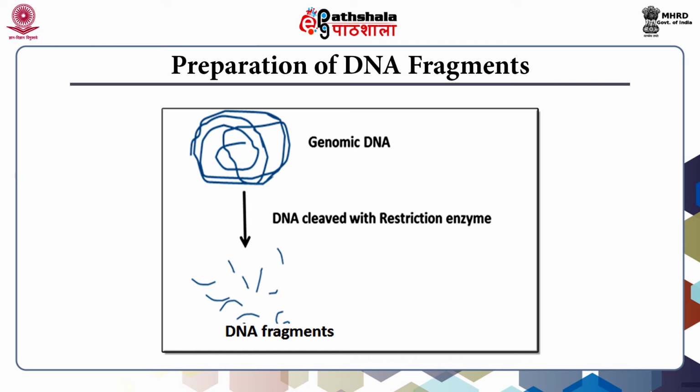This type of change in restriction pattern is called restriction fragment length polymorphism, or popularly referred to as RFLP. After fragmentation, the DNA sample is concentrated by using phenol chloroform extraction and ethanol precipitation for performing the next step, electrophoresis.